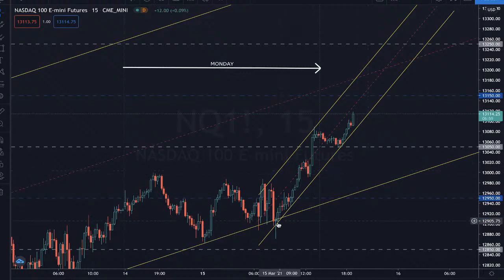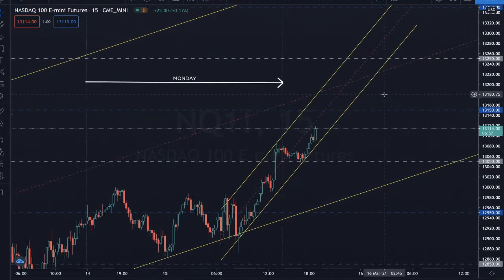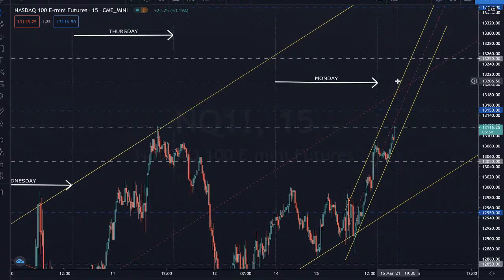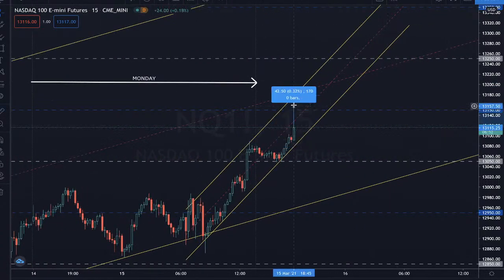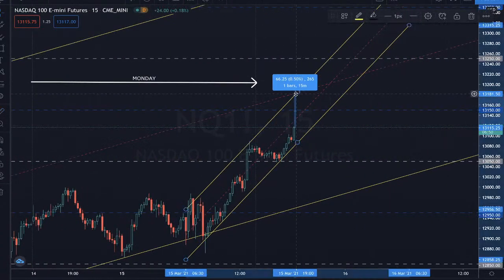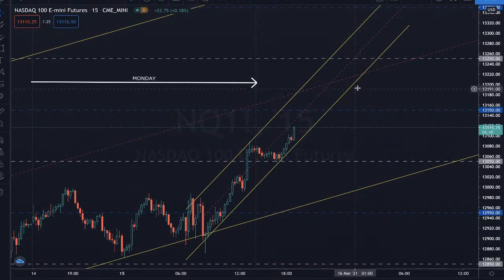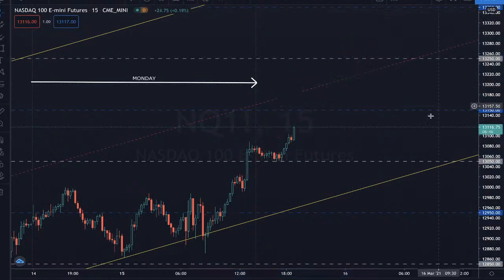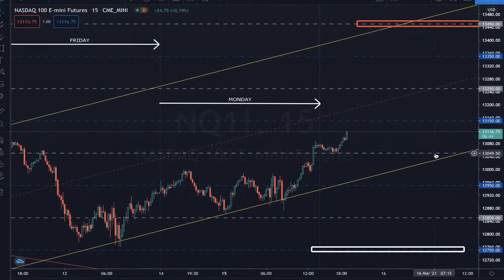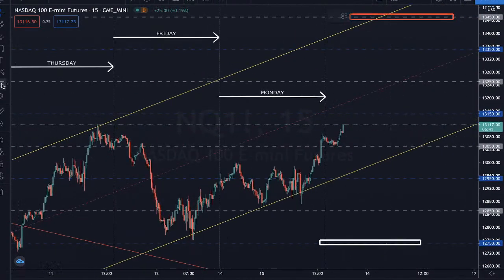As long as we stay in this channel, we're going to continue to the upside, and even from here right now you can see about 60-70 points. But that is just for you guys that trade short-term time frames.